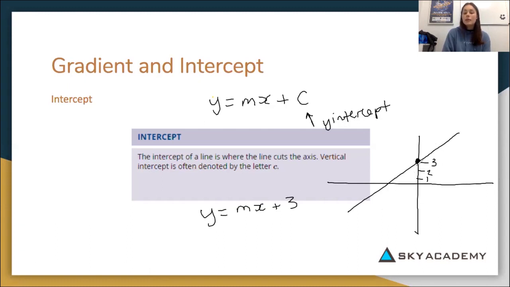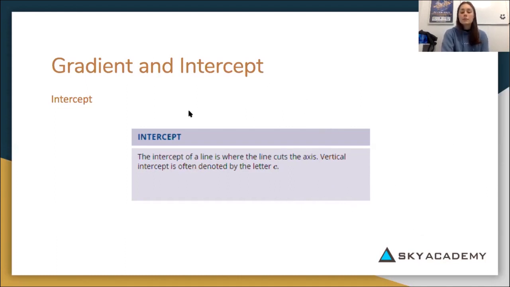So that's the gradient and the intercept, and the gradient and the intercept make up our gradient intercept formula. There's one other thing to be aware of when we're doing straight lines, and that is if you have a positive or a negative line.